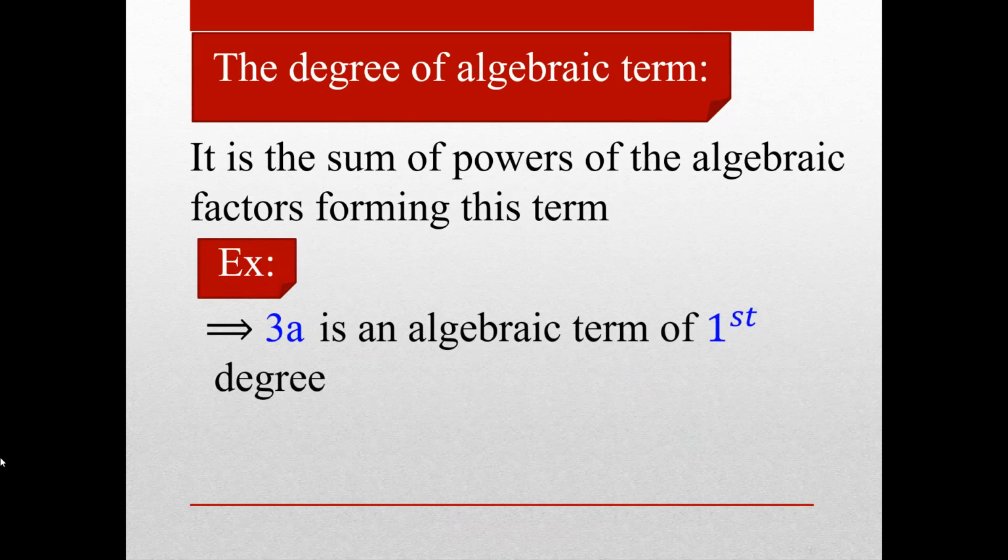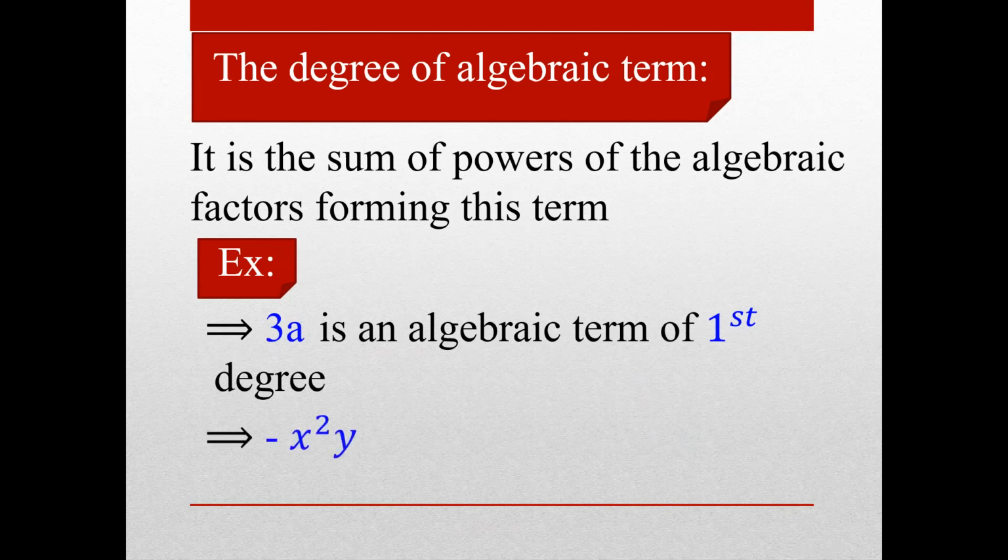Why? 3a has two factors: a numerical factor, and the algebraic factor, which is a. The power of a is 1. So the algebraic term will be first degree.